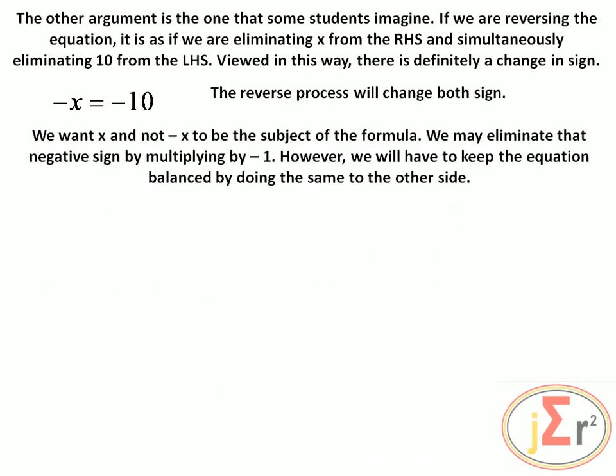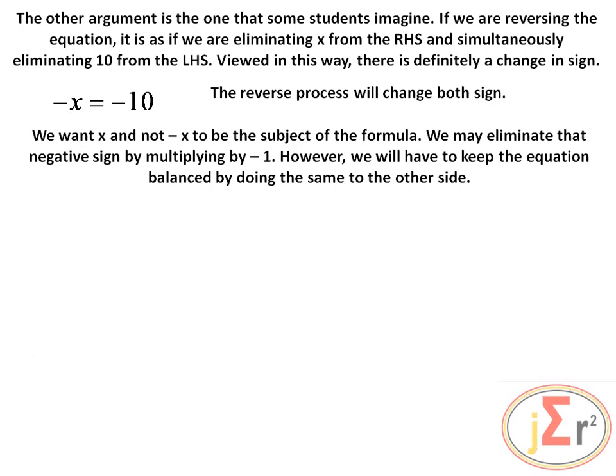We want x and not negative x to be the subject of the formula. We may eliminate that negative sign by multiplying by -1. However, we will have to keep the equation balanced by doing the same on the other side. So, attempting to get a positive x, we will multiply by a -1.